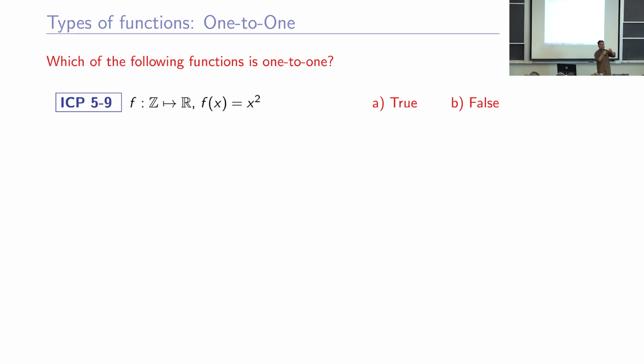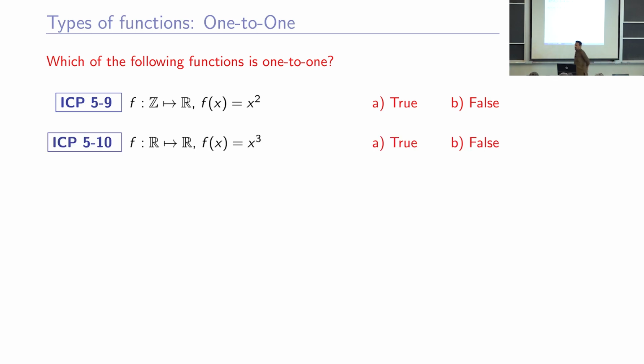Let x1 be 1 and x2 be negative 1. x1 is not equal to x2. What is f of negative 1? The square of negative 1 is 1. And what is f of 1? The square of 1 is also 1. We got x1 and x2 different, but f of x1 is equal to f of x2, right? Not different. Hence, this function is not one-to-one. Okay?